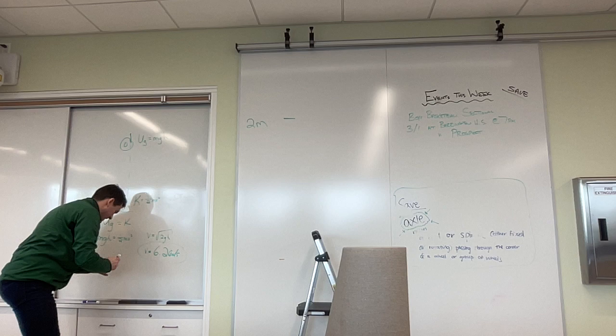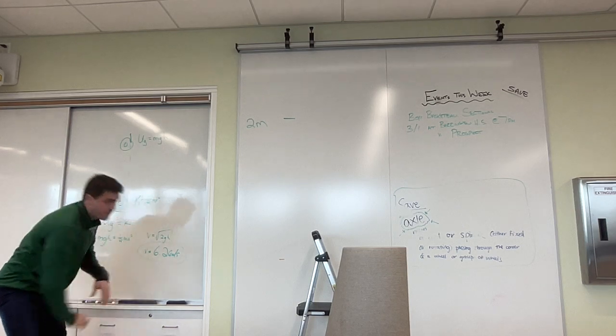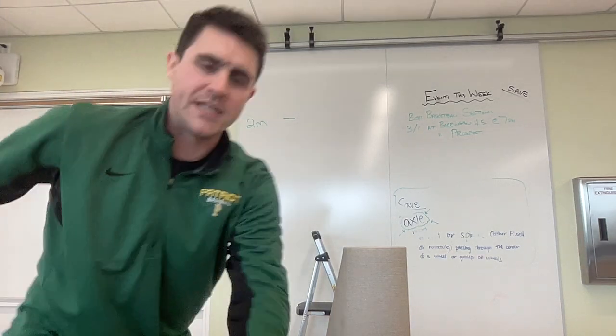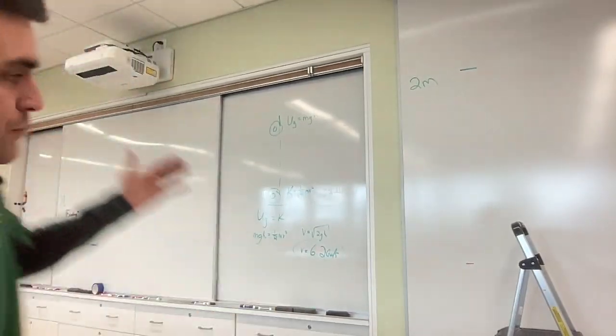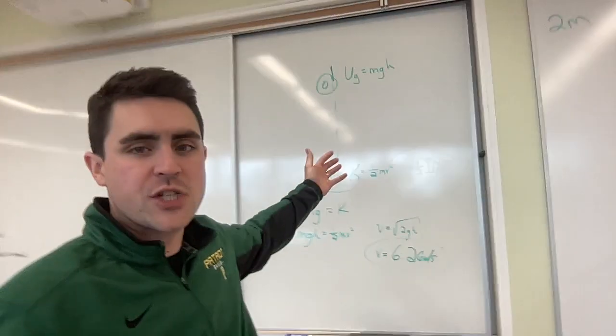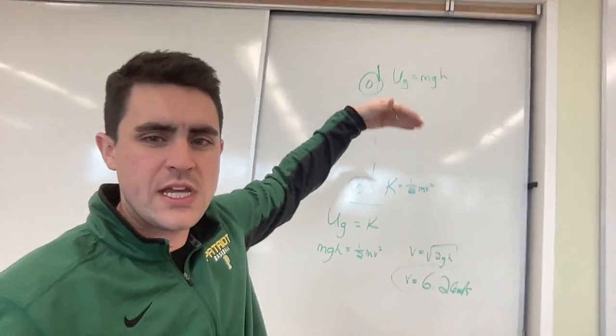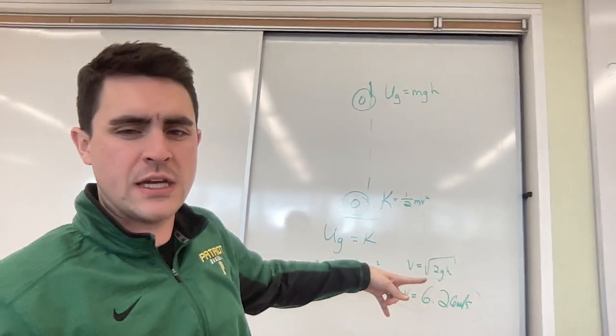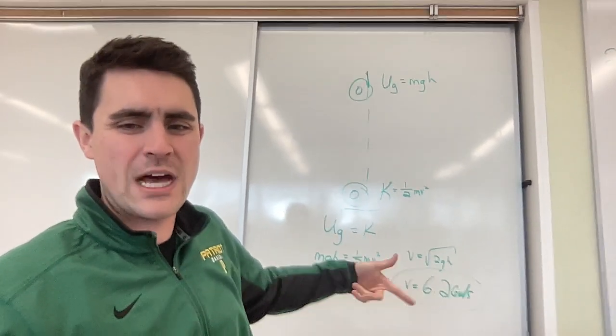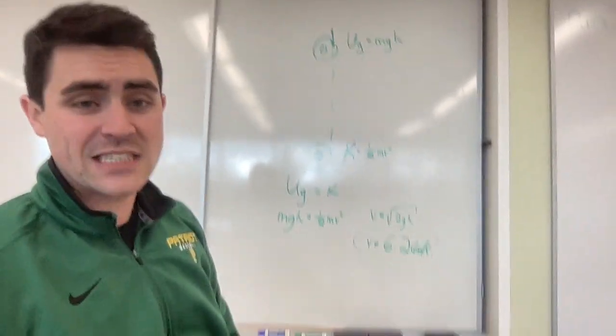This is the predicted final velocity if this energy expression is true. We start with UG, it falls, it's moving, we get this conservation of energy expression, it simplifies, the masses cancel out, and I'm left with 6.26 as the final velocity.